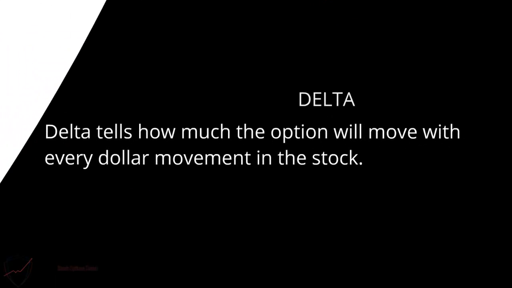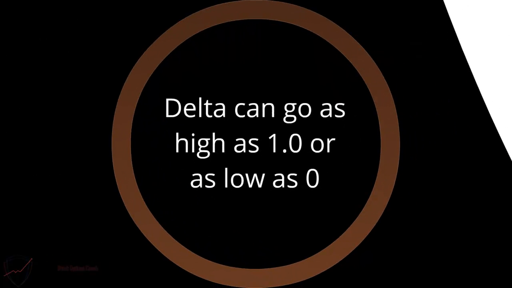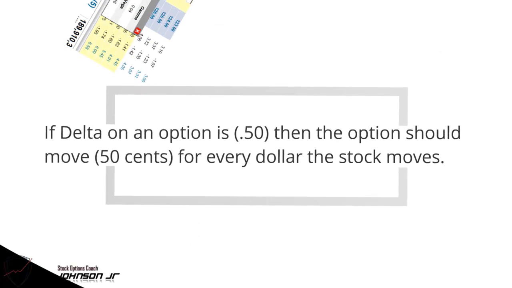Delta. Delta tells how much the option will move with every dollar movement in the stock. Delta can go as high as 1 or as low as 0. For example, if delta on an option is 0.50, then the option should move 50 cents for every dollar the stock moves.